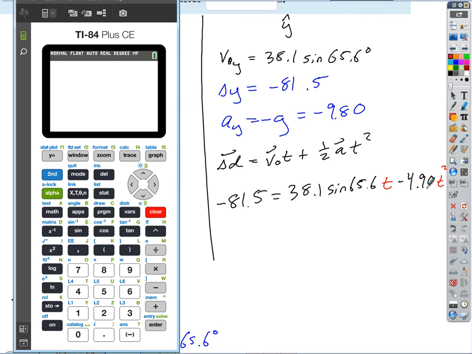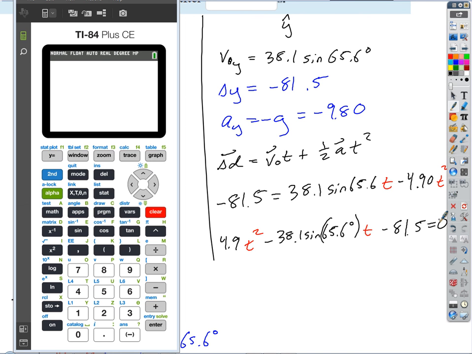So what if I push all this stuff over to this side and I get the equation positive 4.9 t squared minus 38.1 sine 65.6 degrees t minus 81.5 equals 0.